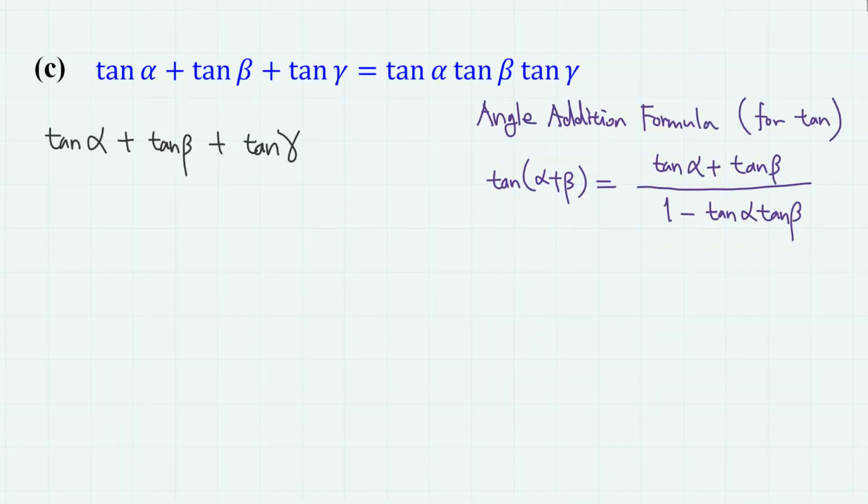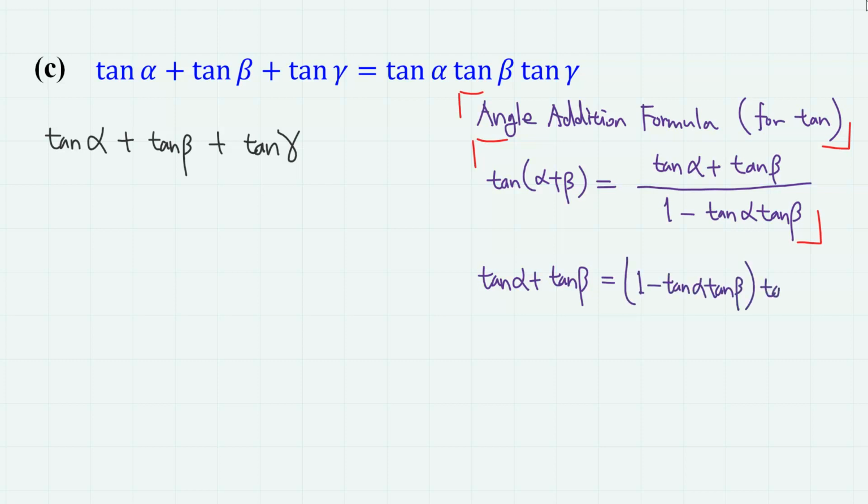And now the third identity for tangents. Here we will use the famous angle addition formula for tangent in a smart way. So this is the angle addition formula for tangents. From here we obtain tangent alpha plus tangent beta equals (1 minus tangent alpha tangent beta) times tangent (alpha plus beta).